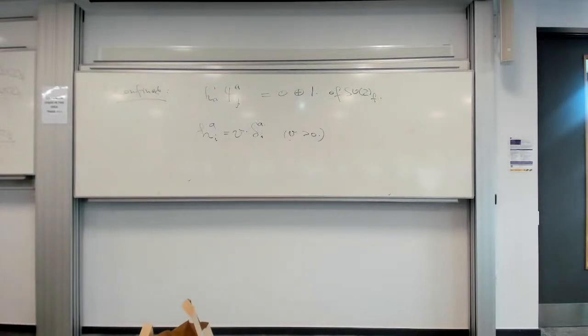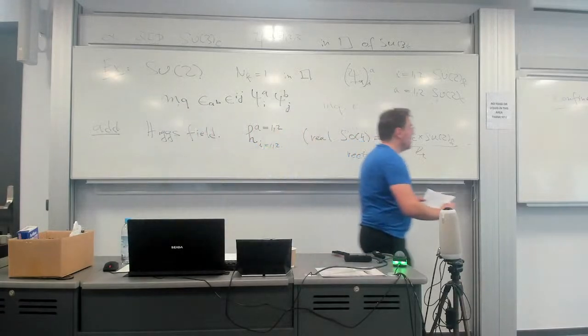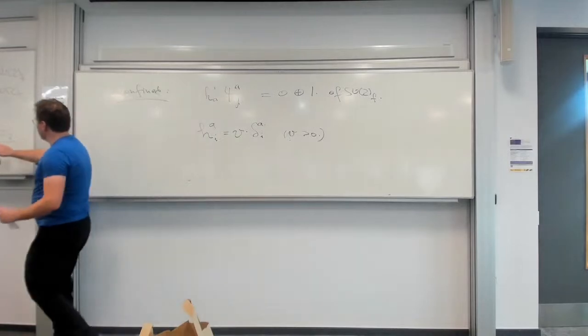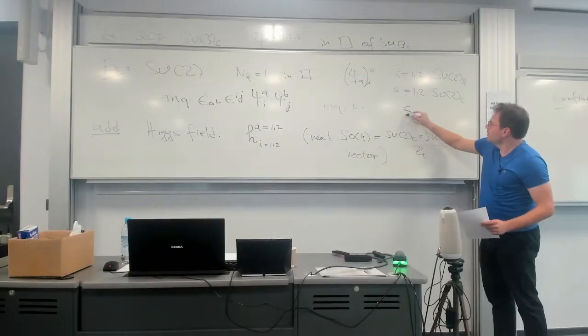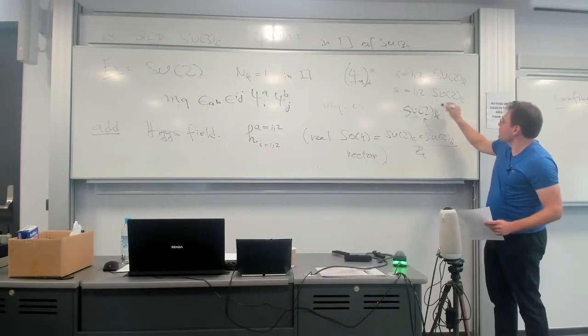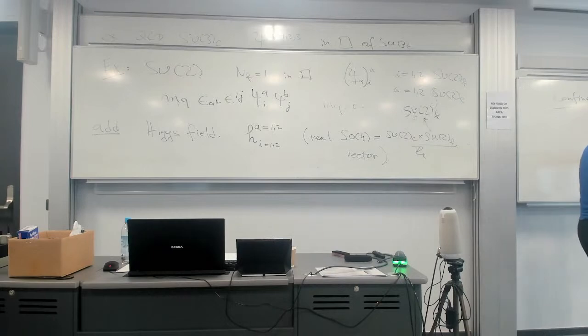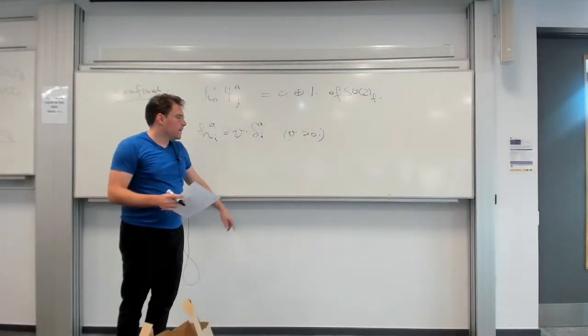And what does it do? It spontaneously breaks this symmetry down to its diagonal subgroup, which I'll call SU2F prime. So SU2 color is completely Higgsed. This vev is not invariant under any SU2 color rotation. The theory is gapped.